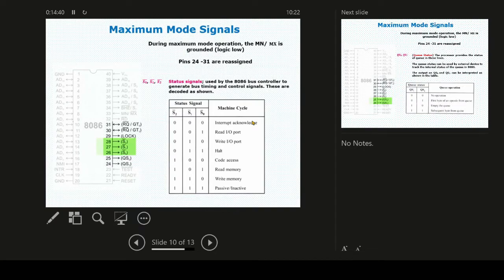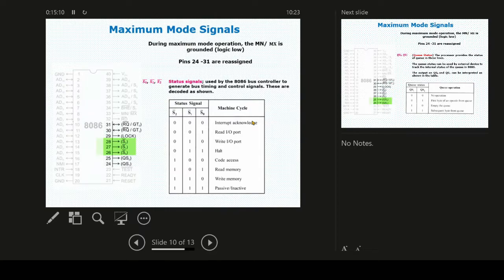So now we are going to talk about the maximum mode signals of the 8086 microprocessor. As I mentioned before, MN/MX here determines whether it is maximum mode or not. If the logic is zero, then MX is the bar of MN, so MX will give 1 and MN will give 0.